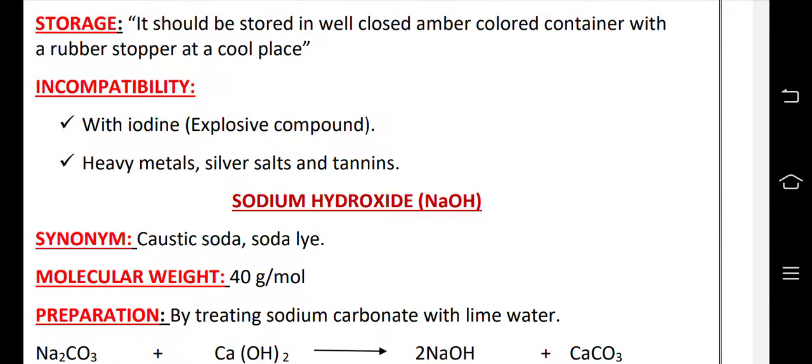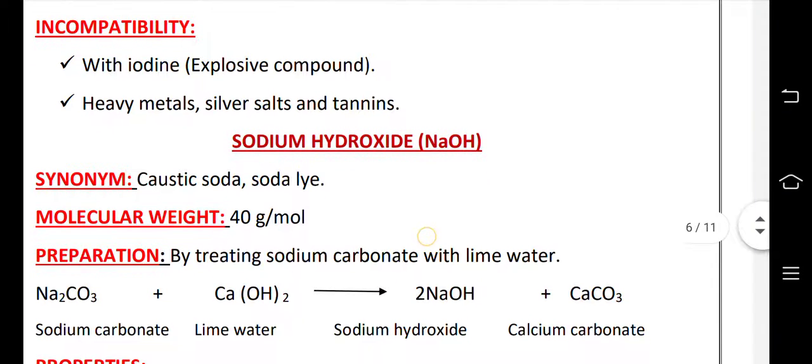It should be stored in a well closed amber colored container with a rubber stopper at a cool place. Incompatibility: it is incompatible with iodine, heavy metals, silver salts and tannins. With iodine, it forms an explosive compound.